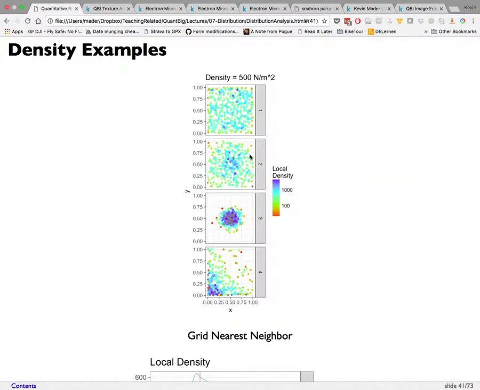So we can now color the points using this local density metric. And so here we now have these 4 different systems which we showed before. And we know the average density inside this cube is 500 points per square meter or square millimeter or whatever it is. But now we can color each one of these points with how dense it is locally.